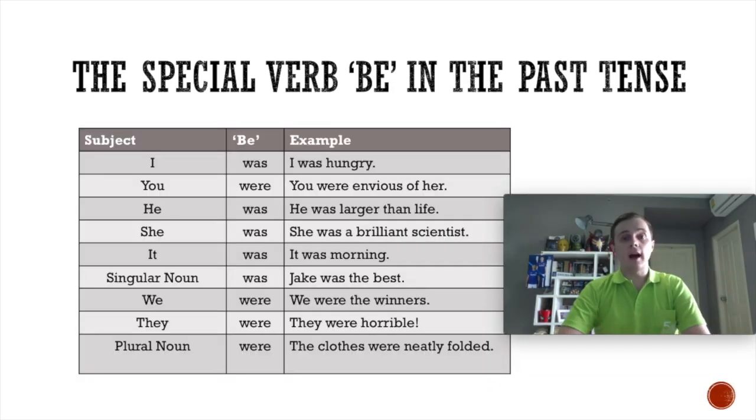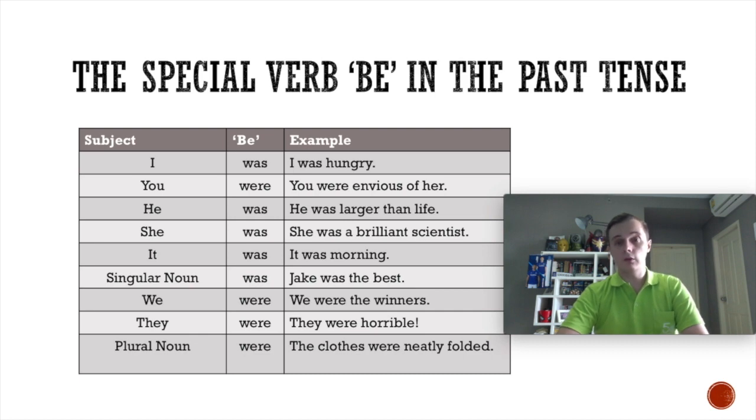For the pronoun I, we say was. I was hungry. For the pronoun you, we say were. You were envious of her. Envious means like jealous. He, she, and it, we say was. He was larger than life. She was a brilliant scientist. It was morning.